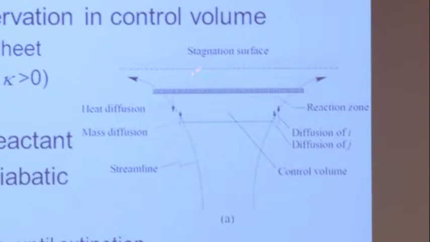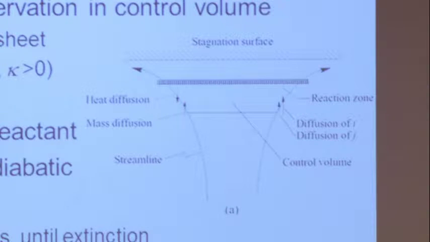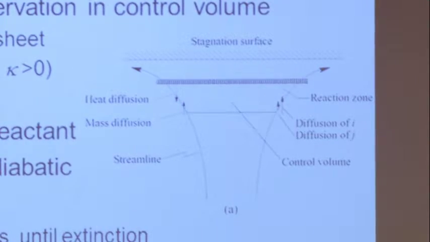Eventually it goes to the stagnation surface. Then you stretch it, it has nowhere to go, then the reaction will be incomplete. You don't have enough time to complete. Then eventually it extinguishes. But that's another mechanism for extinction: incomplete reaction.